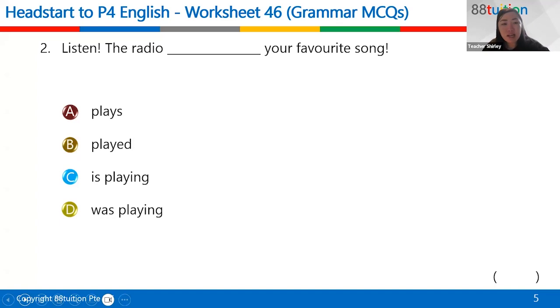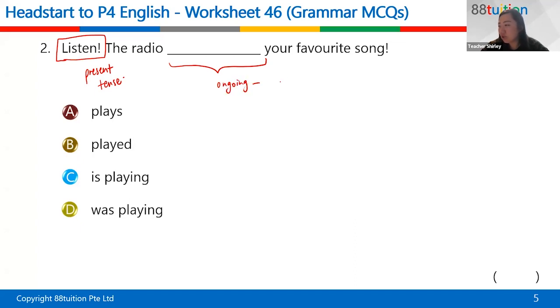Now next one. Listen, the radio, what your favorite song? Is playing. It's playing, yes. Because over here it says listen, so it's like an instruction. It actually suggests that it has to be present. The radio, now it seems like it's ongoing. So if it is ongoing, it suggests that it has to be continuous.